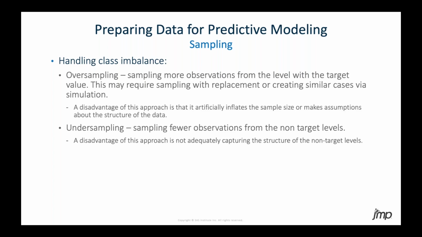Now, the disadvantage here should be relatively obvious, and that is I have to make sure that the 5,000 that I sample really capture the structure of the non-donators. All right, simple. So undersampling, much simpler to implement. Make some more assumptions about the level that I'm undersampling from.